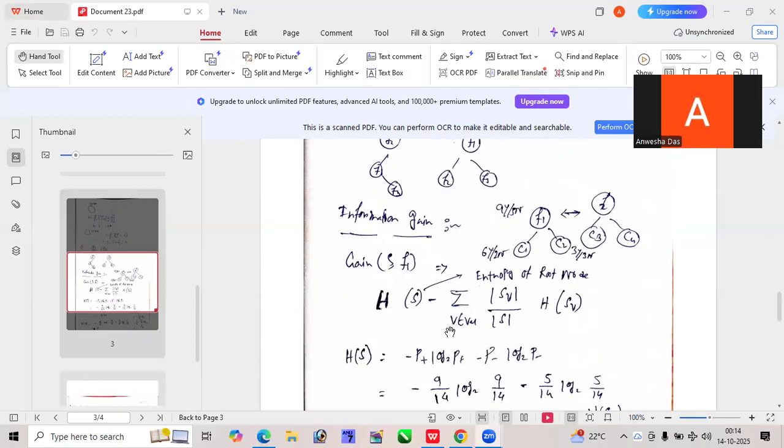H of S minus summation of v belongs to values of S_v by S times H of S_v. So what is H of S? Don't get confused with the formula. This is very simple. H of S is the entropy of the root node.